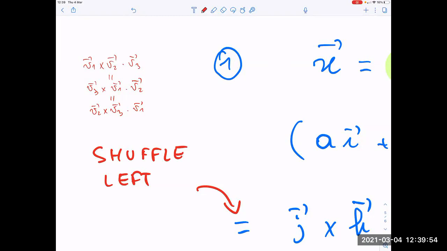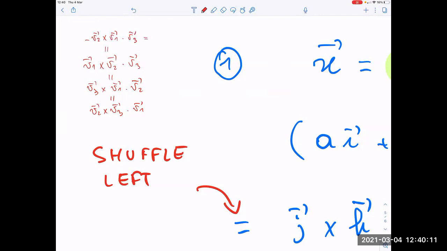If you exchange, for example, 1 and 2, then you will get a minus. So, for example, here, I will get minus V2 cross V1 dot V3.